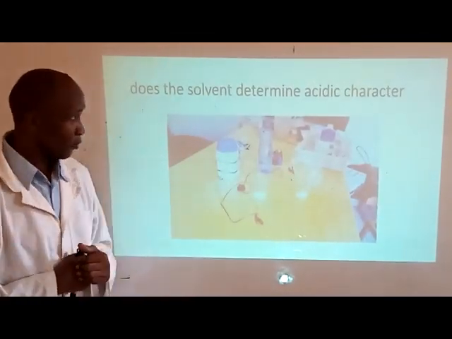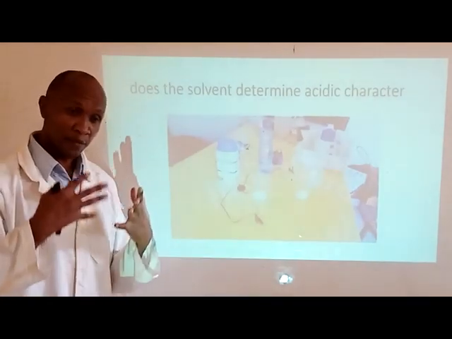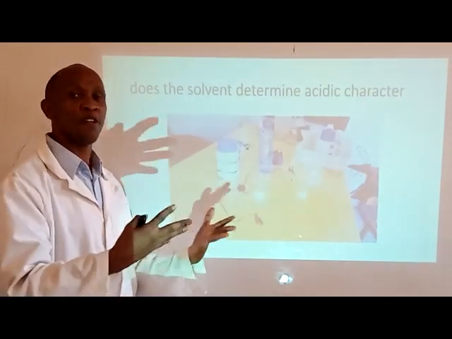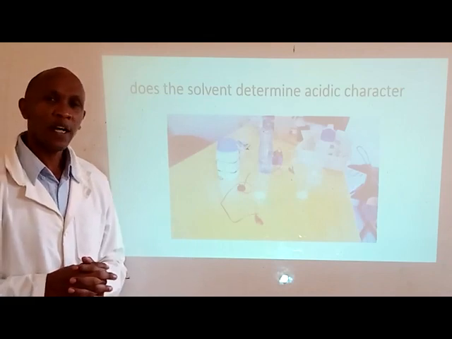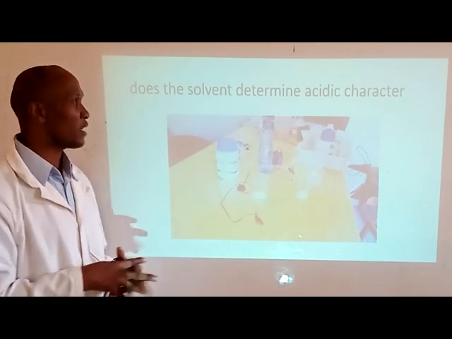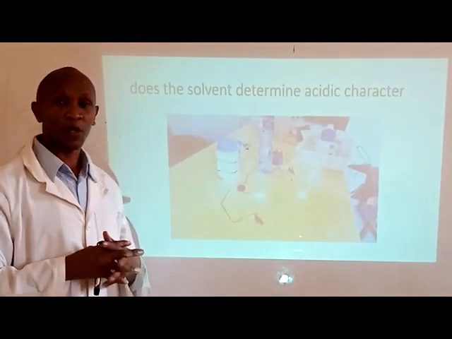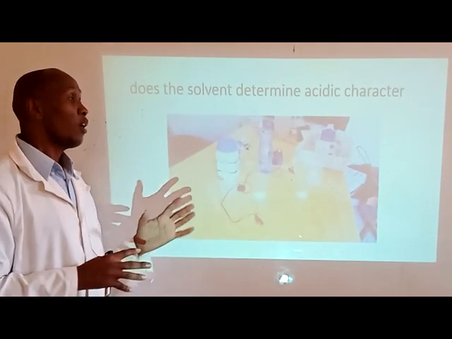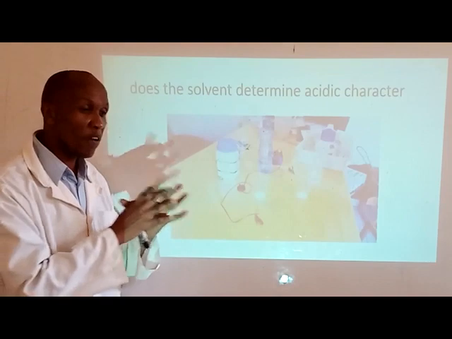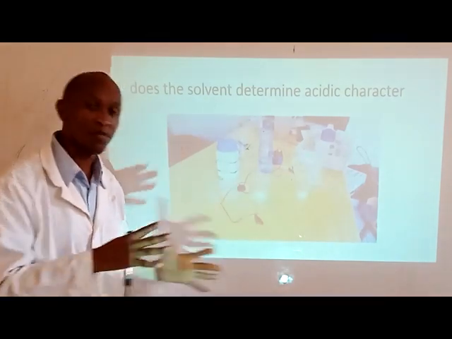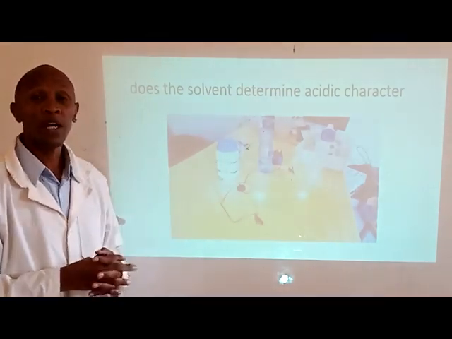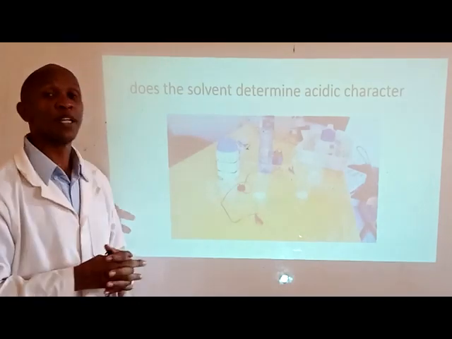Now, I want us to find out something, because it is from this test that we are going to come up with an even more comprehensive definition of an acid. Is it dependent on the condition? Will all acids, in whichever form, react with metals to produce hydrogen and a salt?